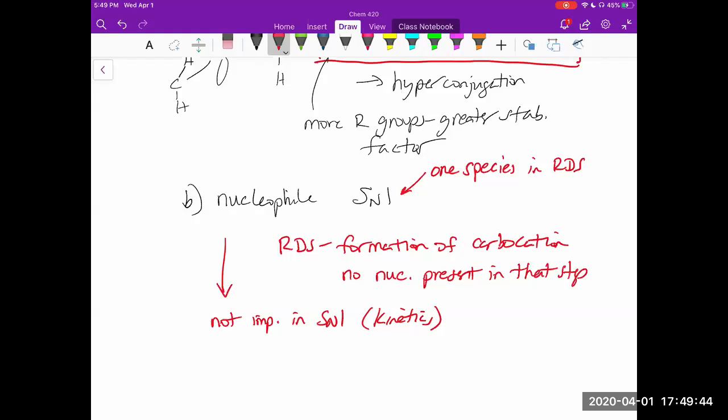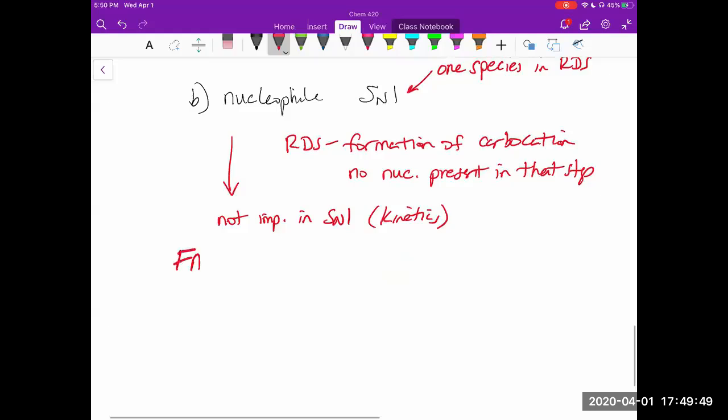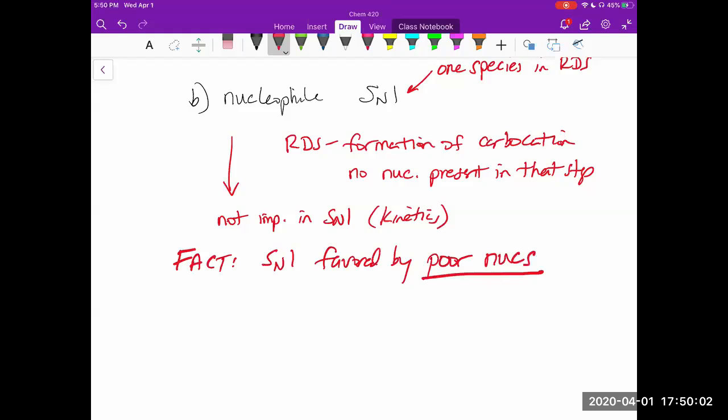It's not important. However, it's a fact that SN1 reactions are favored by poor nucleophiles. They are most commonly seen when you have a poor nucleophile. Very often water or an alcohol. And the reason for that is that the nucleophile is really slow, right?